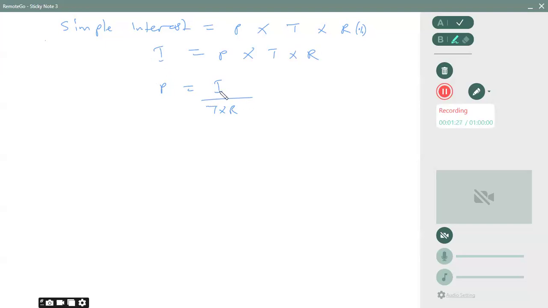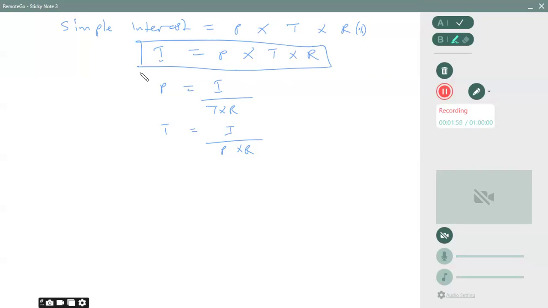So I remain with this. Still, from here, you can get the formula for time. Meaning let this one remain here. So it will be time equal to interest, then divided by principal times rate. So it's all about knowing this first formula, and then the rest will be okay.